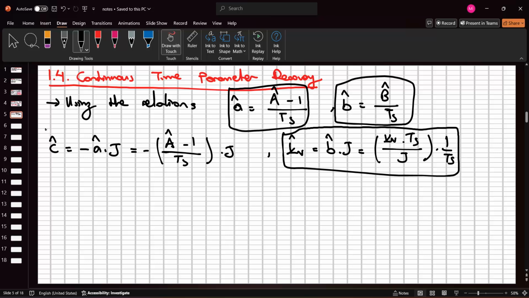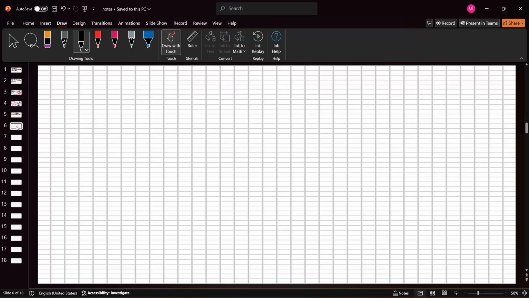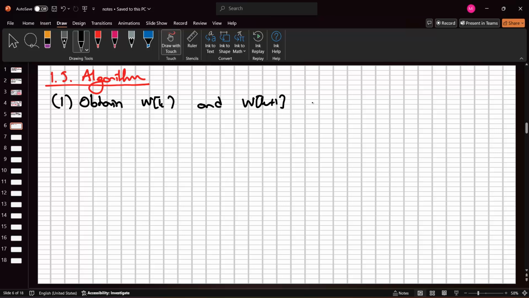So this is our equation, and then how can we write the algorithm? The algorithm is given by, for example, in the first place, obtain the Wk value, Wk+1 value and Uk value, which come from the measured data, right?